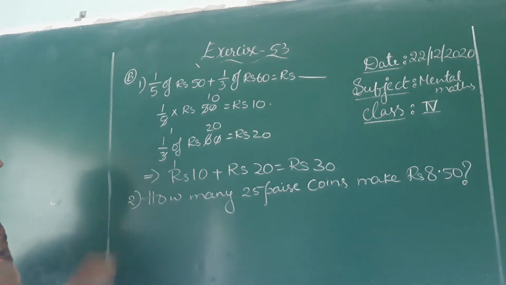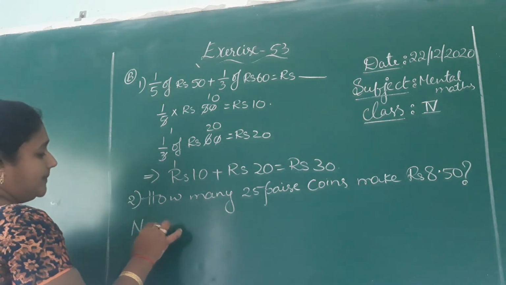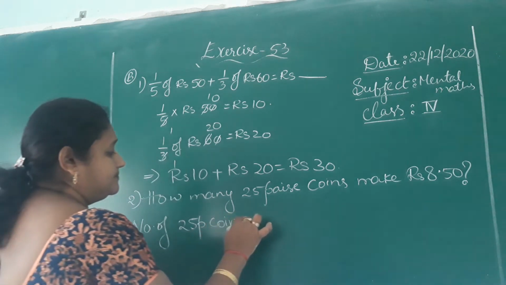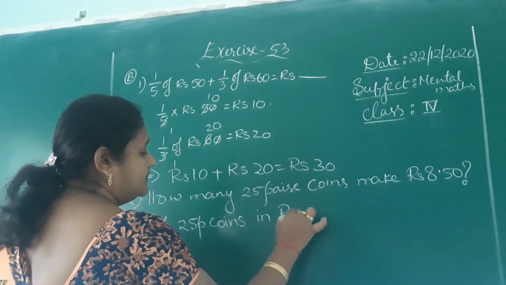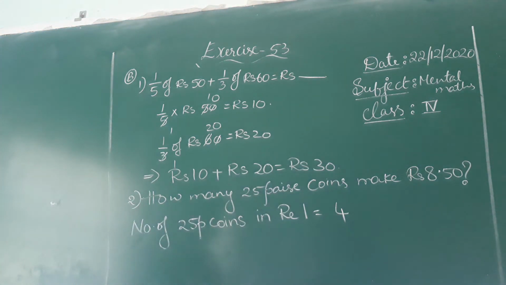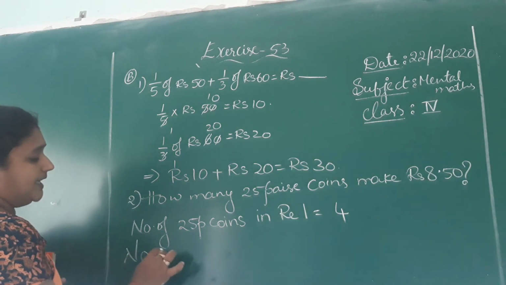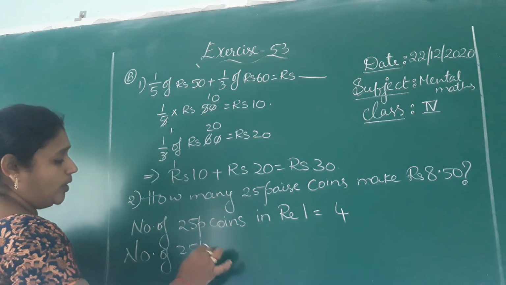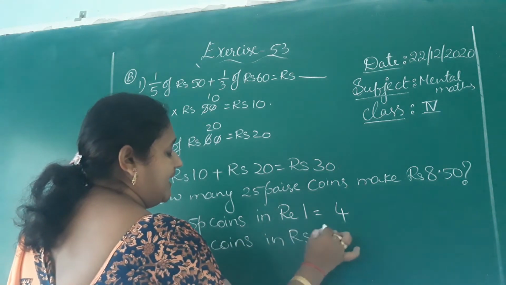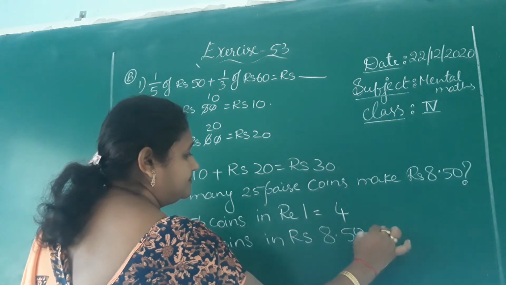Children, if you observe, the number of 25 paise coins in 1 rupee is 4 coins. In 1 rupee, 25 paise coins are 4. Here they are asking us to find the number of 25 paise coins in 8 rupees 50 paise.